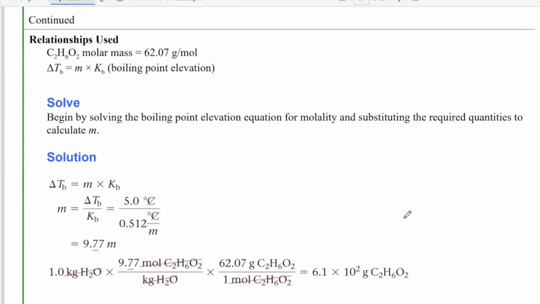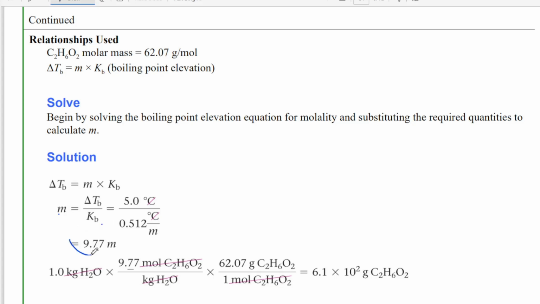Alright, so let's go ahead and get started. Our delta T_B is equal to the molal concentration times the K sub B. So the molal concentration is equal to delta T_B over K_B, which is 5.0 degrees C divided by 0.512 degrees C per molal. That's the K_B for water.